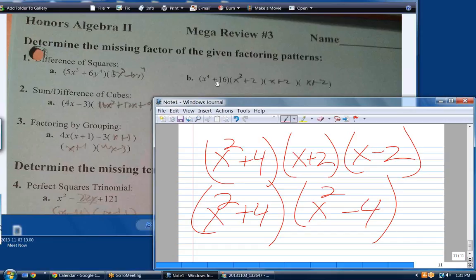In the second set of parentheses it's x plus 2, and in the third set it's x minus 2. Right. But notice what these multiply together to. This multiplied by that does not give you x to the fourth plus 16. It gives you x to the fourth minus 16.